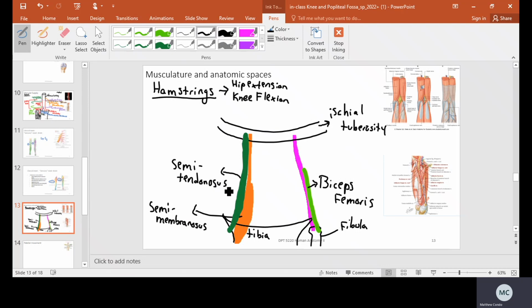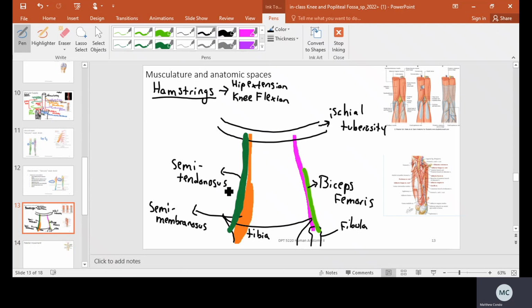Now, the other point that I want to make about the hamstrings, and this is going to get into a little bit of biomechanics here. Well, I'll cover this real fast and then we'll take a little break, I promise. Again, look what we have here.